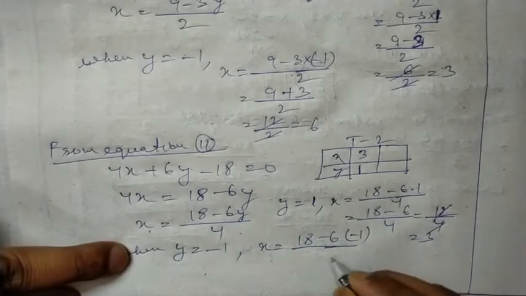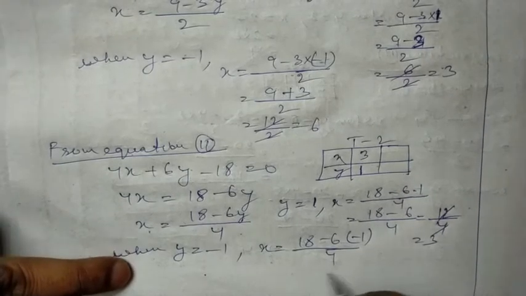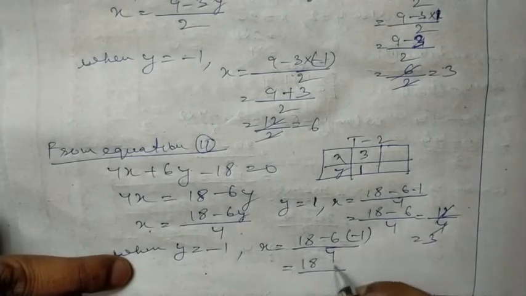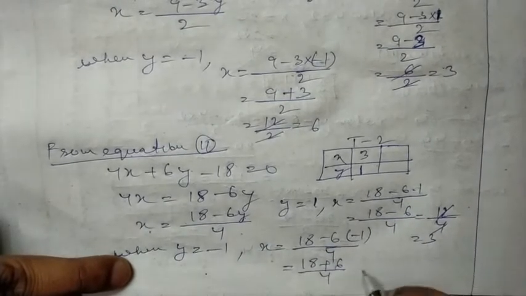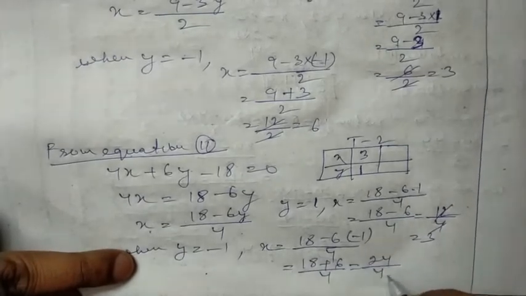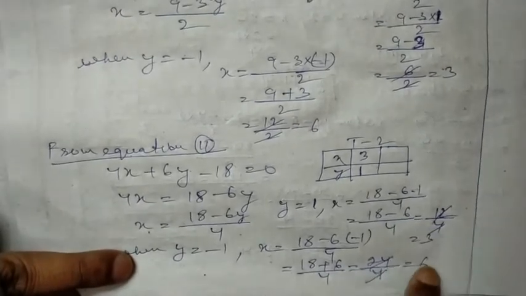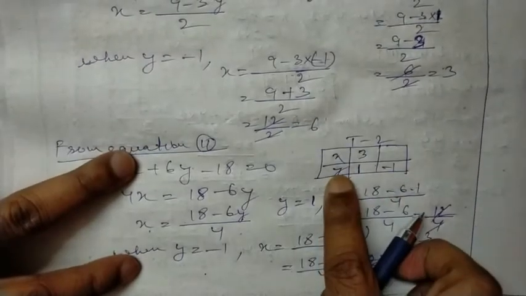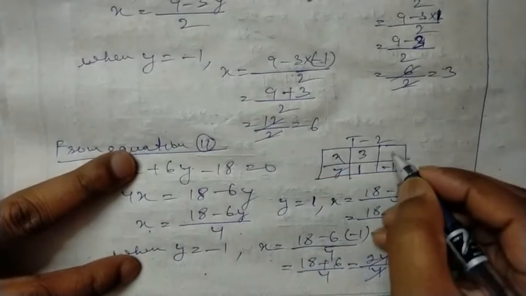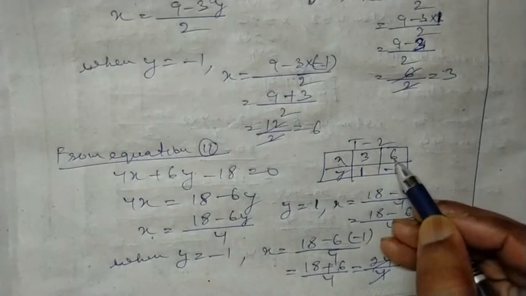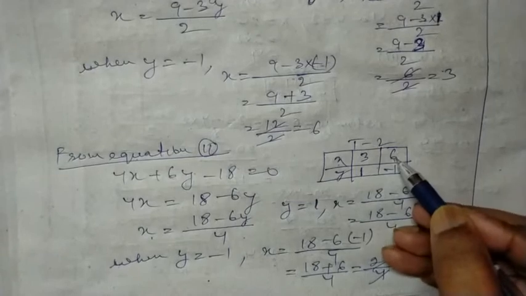So 18 minus minus becomes plus, 6 times 1 is 6, so 24 divided by 4 gives 6. So if I take y as -1, we get the value of x as 6.